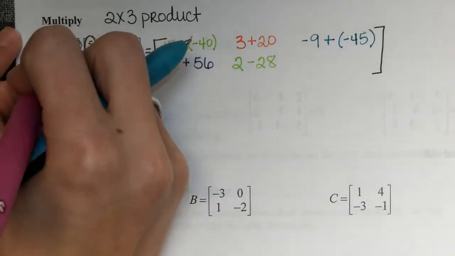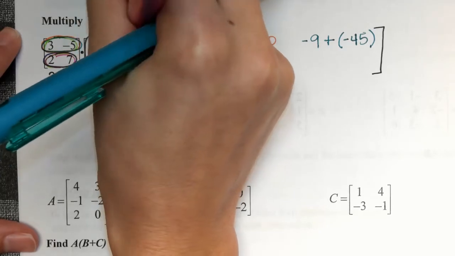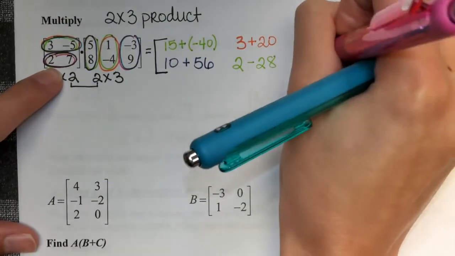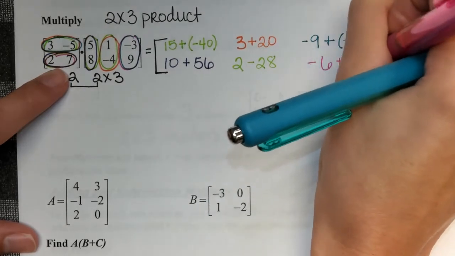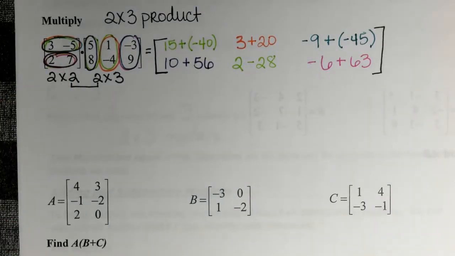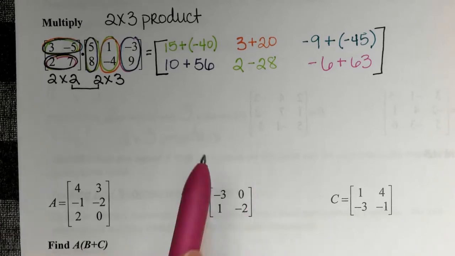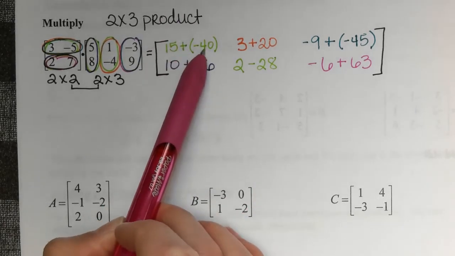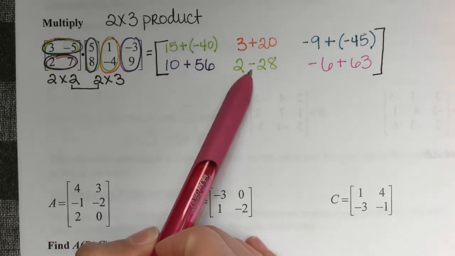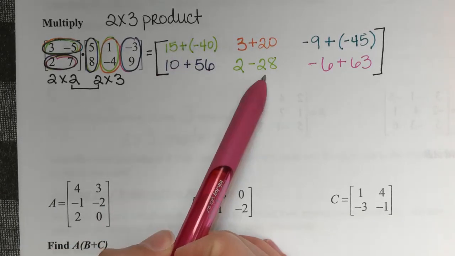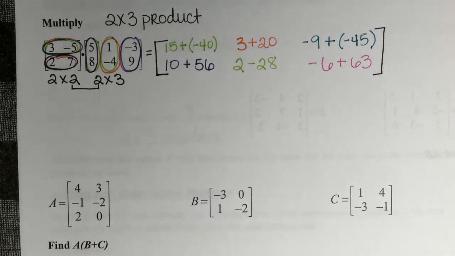And then second row, third column will give me negative 6 plus 63. Okay, so it's up to you when you have that negative for your second product, it's up to you if you want to write it this way or this way. Okay? All right.